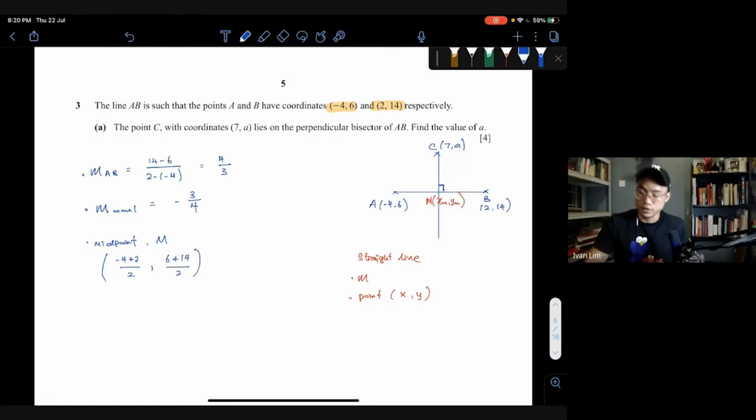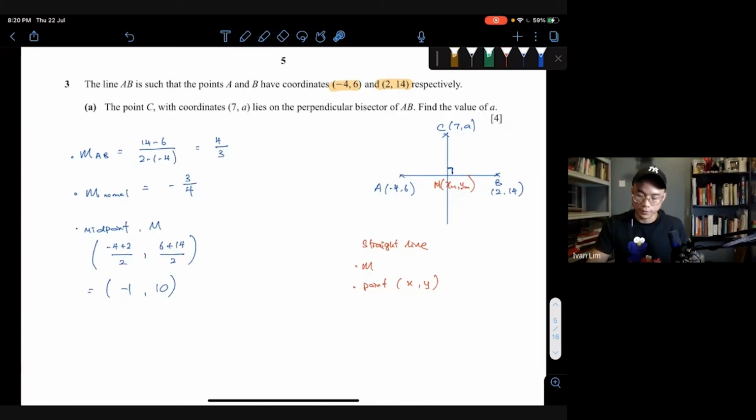You end up with (-1, 10). So this point here in the middle is (-1, 10). I have one point, I have my gradient.